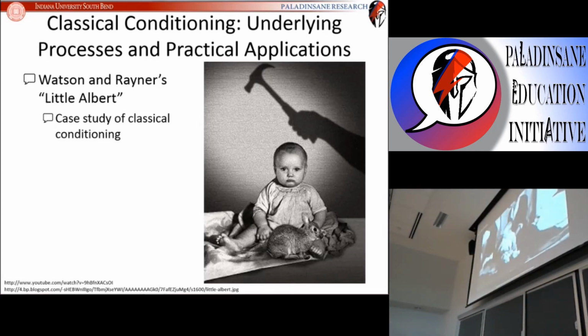You'll notice right there, to corroborate what I was talking about earlier when you're learning facial expressions, that little Albert often looks from the animal or the fire that was just presented to him to other individuals to gauge what's going on. That's one of the ways that you learn those facial expressions.